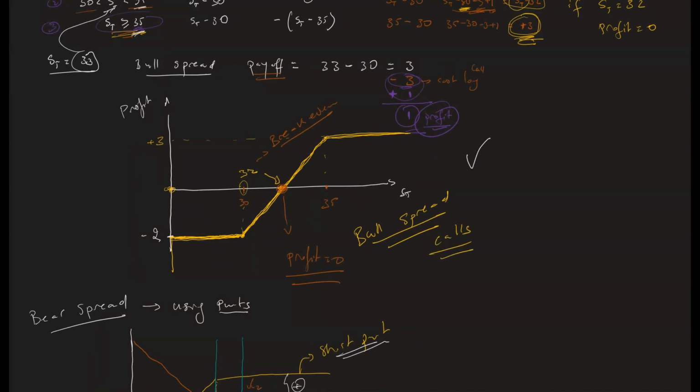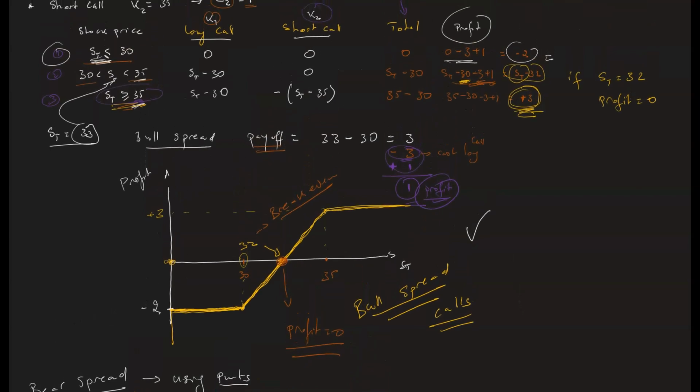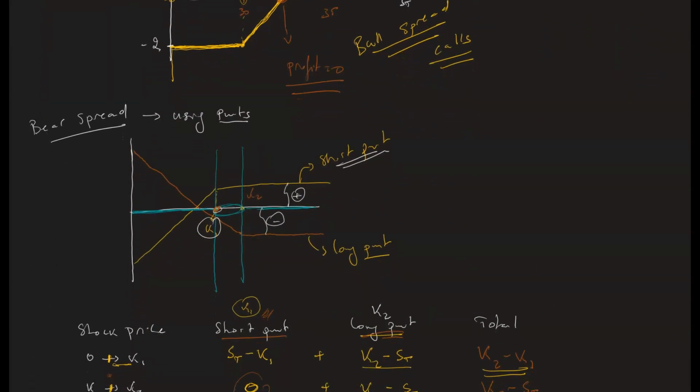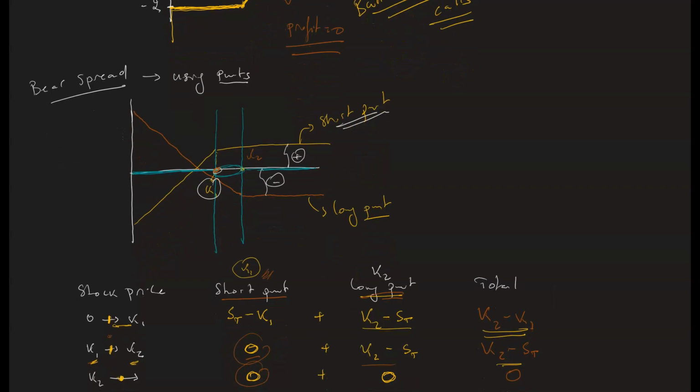And what I asked you to do is to see if you could play with this and come up with the payoff for a bull spread using put options. In this case, we're working with a bear spread using put options.